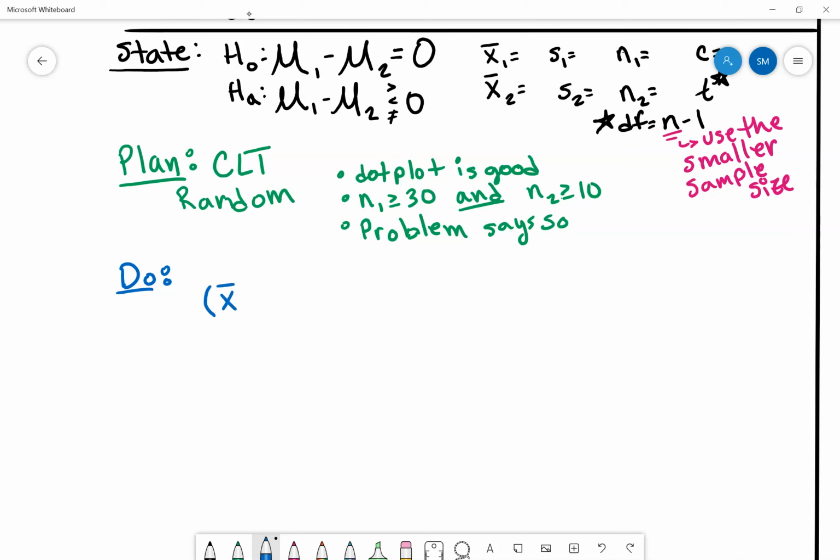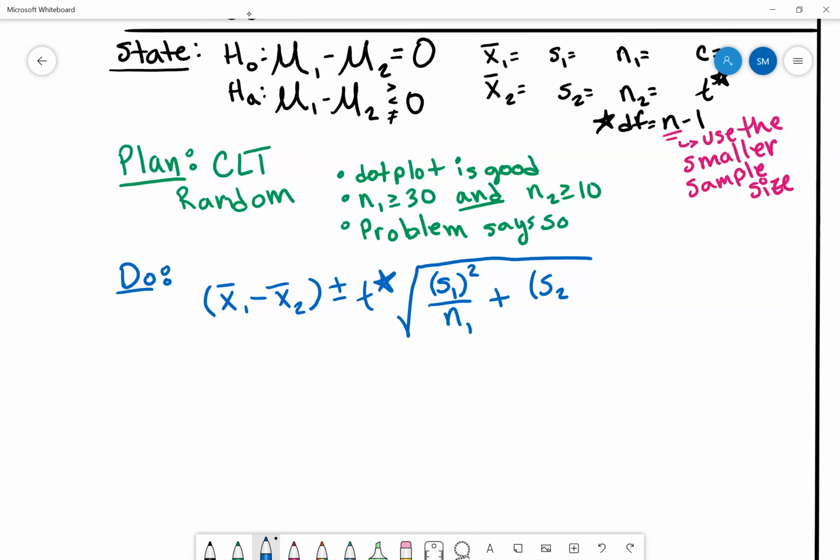It's going to be x bar sub 1 minus x bar sub 2 plus and minus t star times the square root, and this is where it gets a little weird, your standard deviation of your first set of data squared over n sub 1 plus your standard deviation of your second set of data squared over n sub 2.